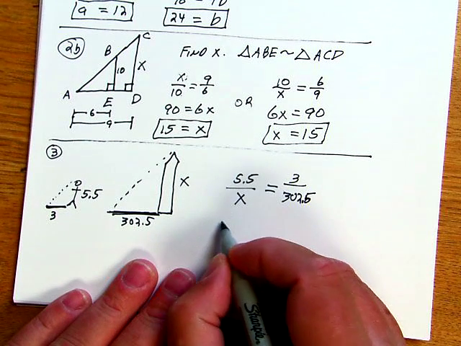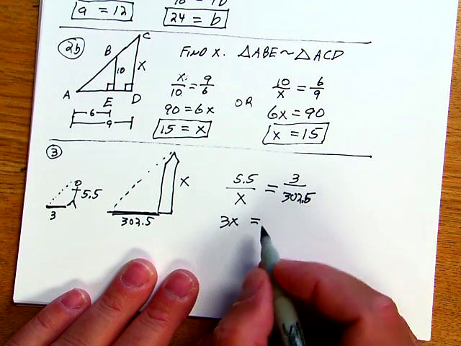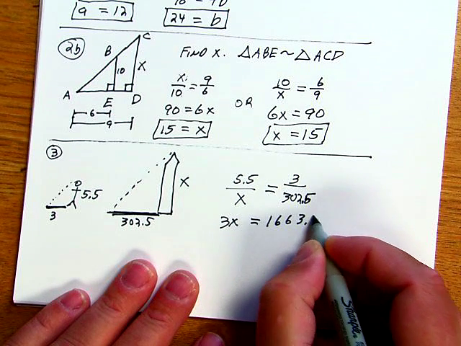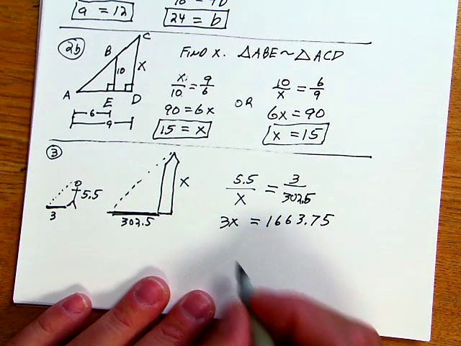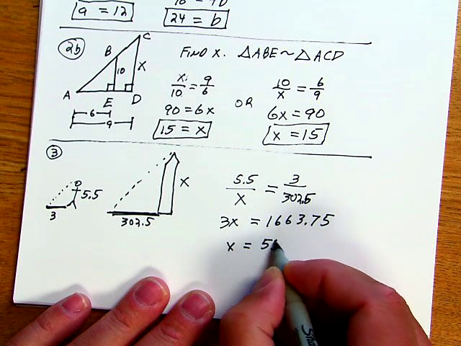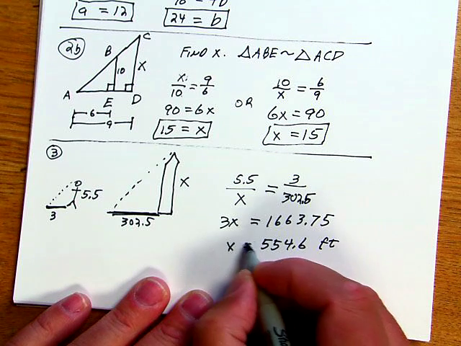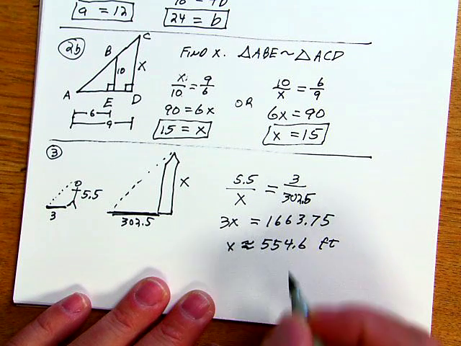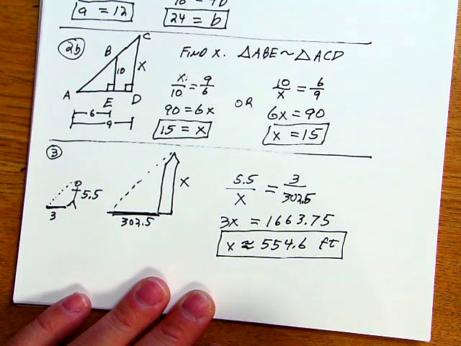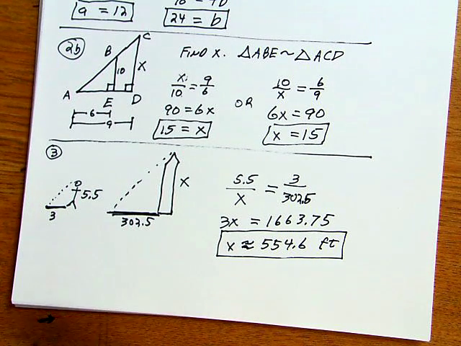We cross this way, we get 3x. And you multiply that times that, you get 1663.75. Divide both sides by 3, and you get 554.6 feet. And this is not equal, it's approximate. And there we've solved how tall the Washington Monument is by using Janelle's shadow on the sidewalk and measuring the shadow of the Washington Monument.